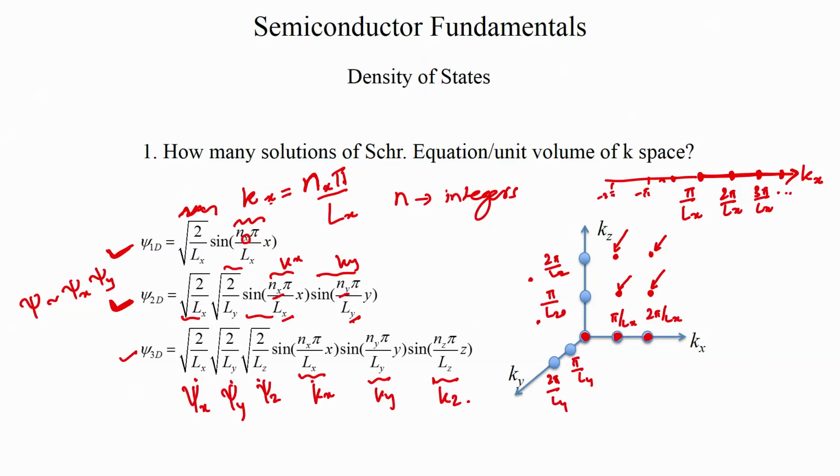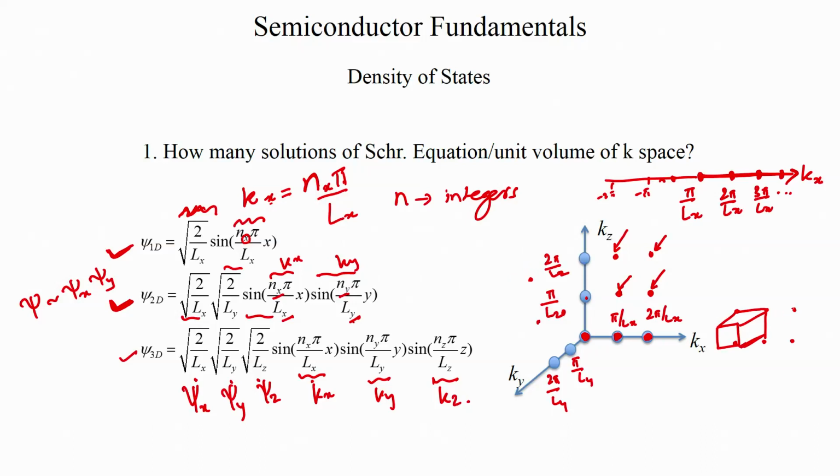So, if you were to imagine this 3-dimensional grid, each of these is a solution. So, what is the answer to this question? How many solutions of Schrodinger's equation are there per unit volume of k space? So, let us imagine this 3D grid that sits like this. You have these little cubes, cuboids if you would like.